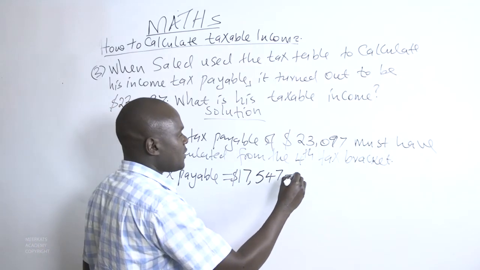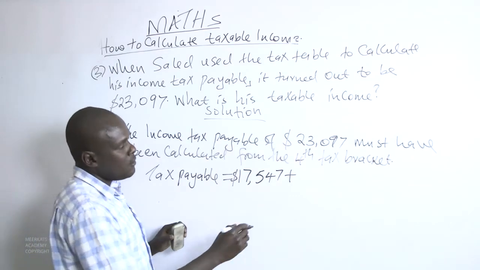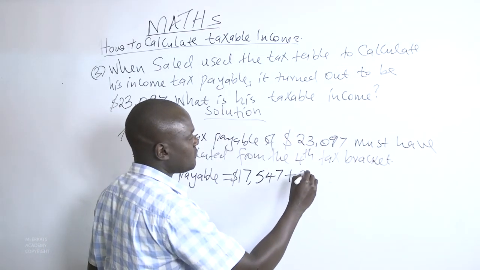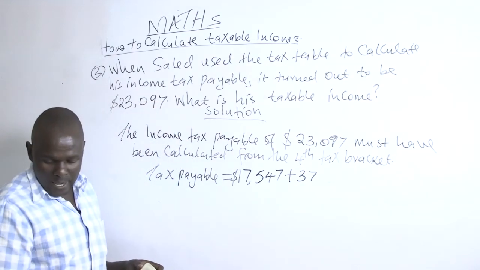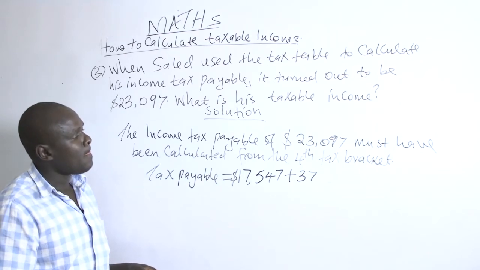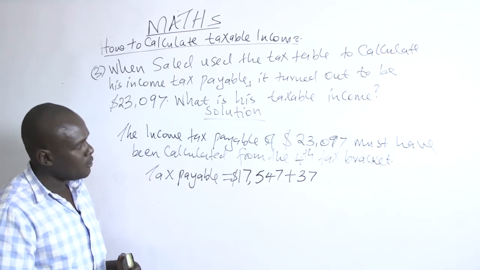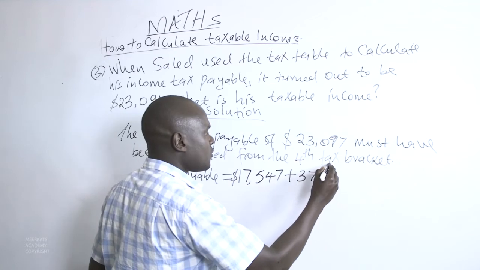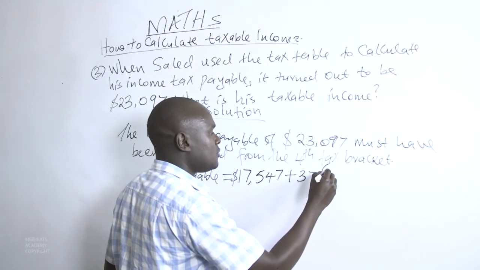And on top of that, we have an addition of 37 cents for every dollar above $80,000.